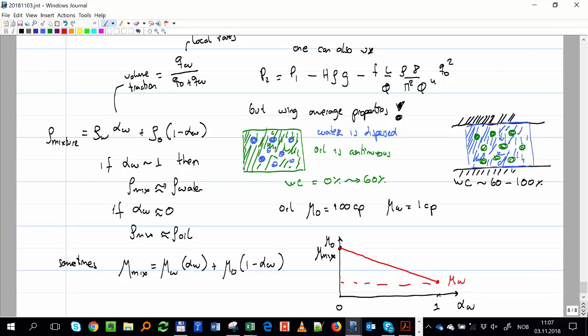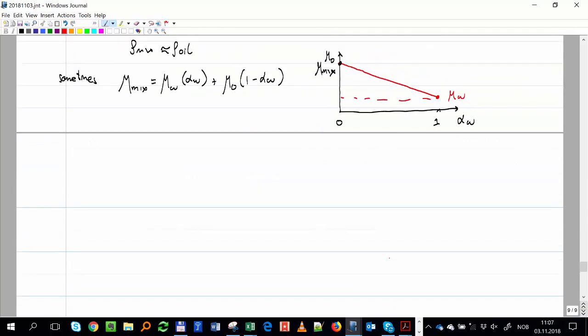Now, tricky enough, that's not how some crudes behave. People came to this equation, they tested it on the field, and they saw something completely different. They saw, actually, that the viscosity of the mixture behaves something like that, very crazy. You still have, at 0 and 1, viscosity of the oil and viscosity of the water.